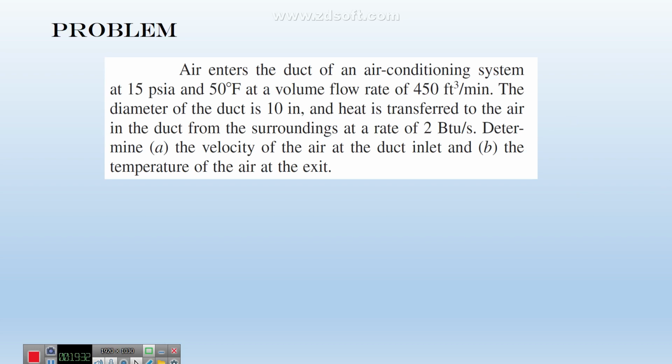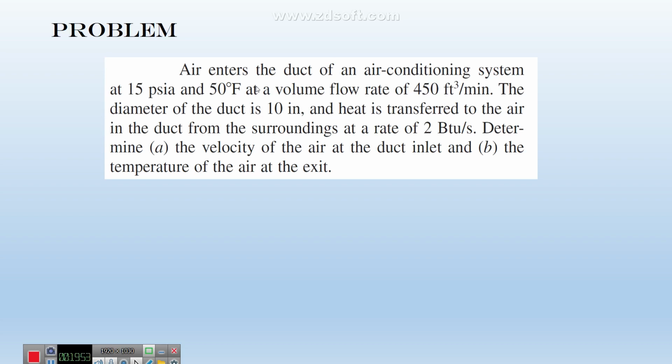To find the velocity, guys, you have the volumetric flow rate, and you can use the relationship between volumetric flow rate and velocity. You can write the volumetric flow rate equals the cross-sectional area times velocity.